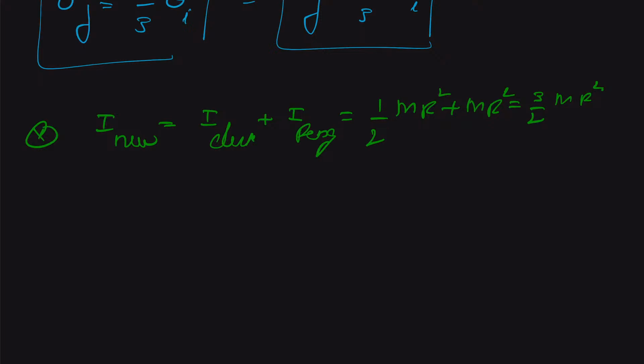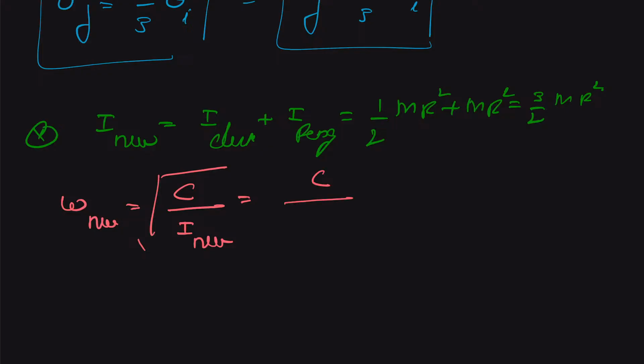Therefore, because the spring constant will be the same, our omega nu will be equal to the square root of C upon I nu. I nu is 3 by 2 MR square, so this comes as the square root of 2C upon 3 MR square.